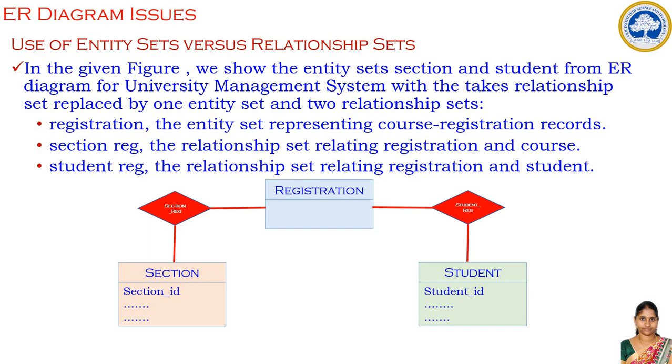If you see in this diagram, we have three entities: section, course registration, and student. The relationship between the section and registration is section registration, and the relationship between student and registration is going to be maintained by student registration.